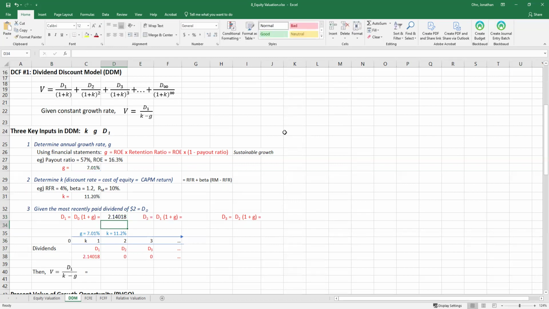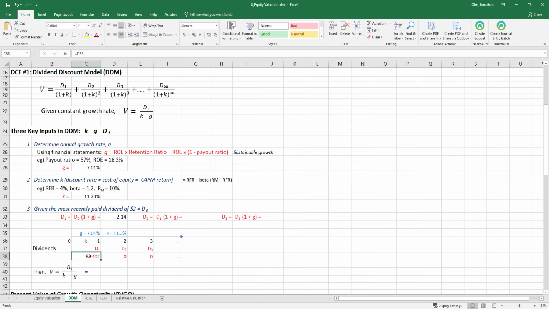That is like $2.14. Let me just use 7.01%. That gives you $2.14.